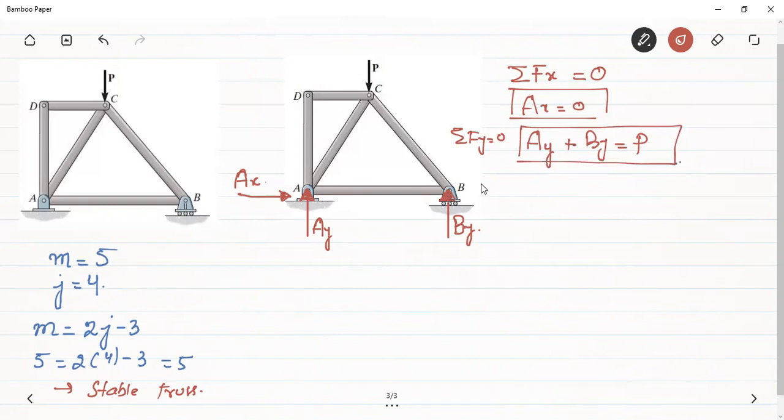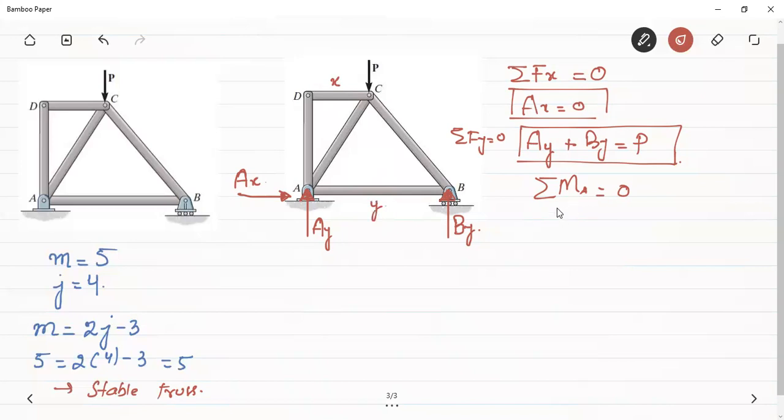Now, the third equation will be a moment equation. We can take the moments about any point to be 0. So let's suppose that we are taking the summation of the moments about A to be 0. Okay, suppose this is the distance x and this is the distance y.